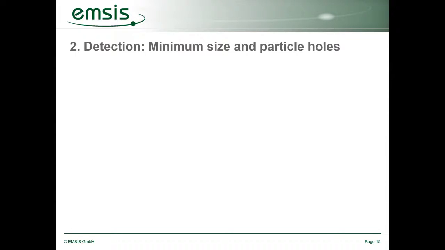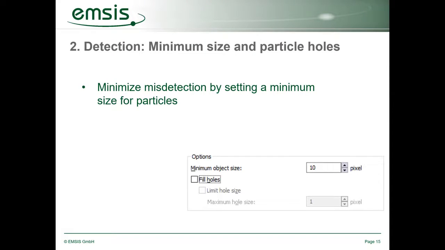And finally, we have a minimum size filter and a feature to work with holes in particles. A minimum object size filter can be very effective. Quite often, the setting of your threshold value is critical.